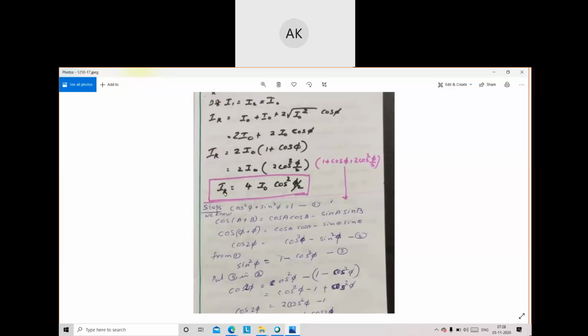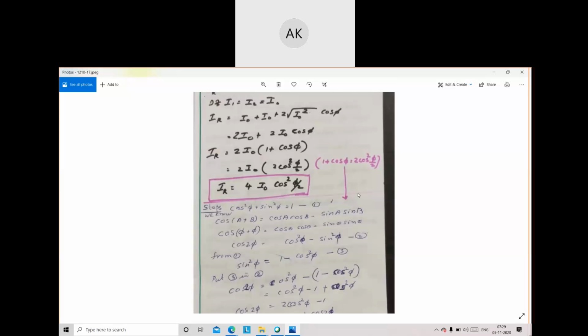When both the waves are having the same intensity, the resultant intensity's formula is this: 4I0 cos square phi by 2, and 1 plus cos phi is written as 2 cos square phi by 2.